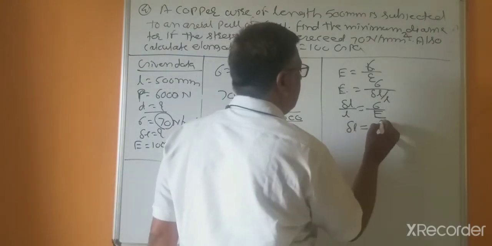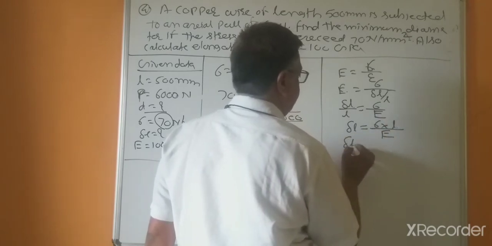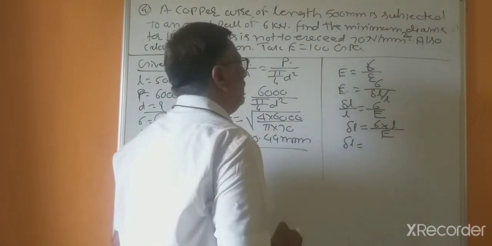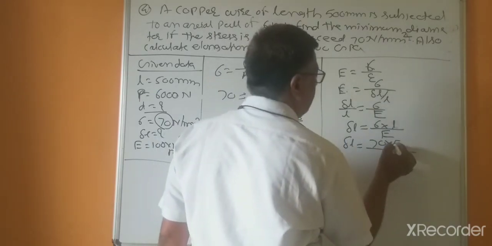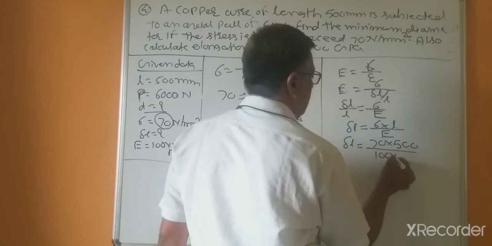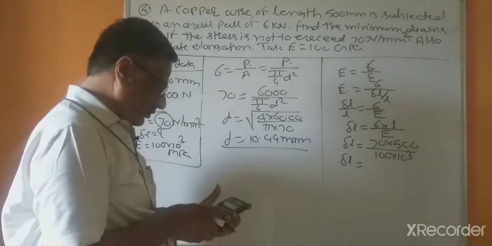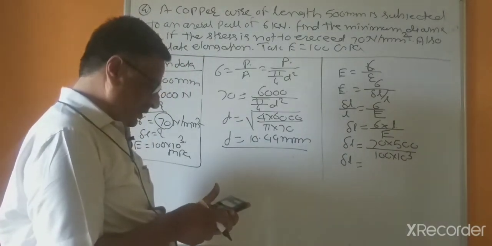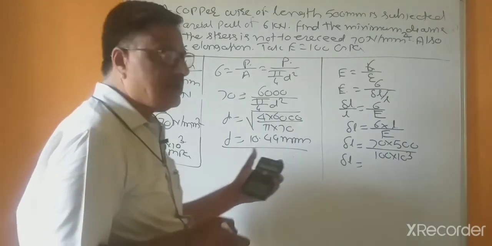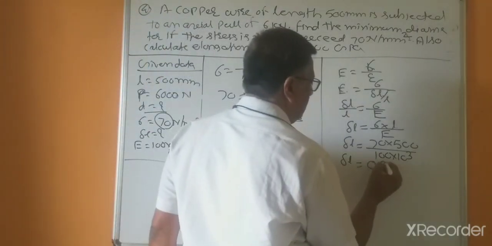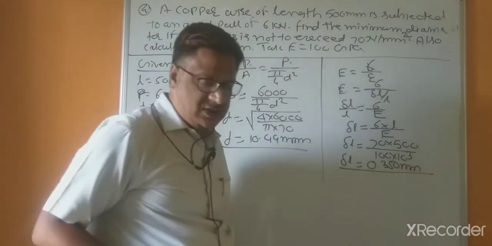So delta L equal to sigma multiplied by L and divided by E. This is 70, length equal to 500, and this is 100 into 10 to the power 3. 70 multiplied by 500 divided by 100, so change in length means increase in length equal to 350 mm. So this is your expected answer.